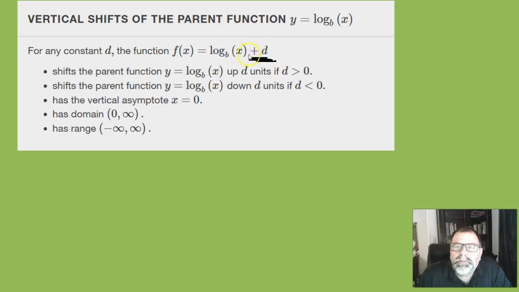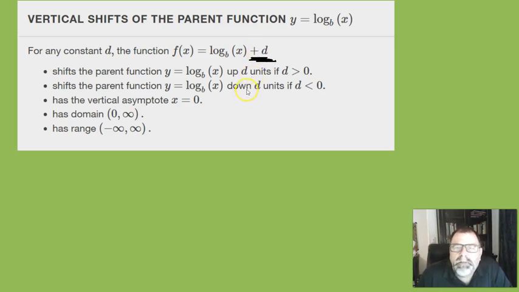So this is just straight acting on the y coordinate, right? Because log of x in the parent function is the output value, and then you're going to add another number on top of that. So that's going to shift it up if d is positive, and if d is negative, it shifts it down.